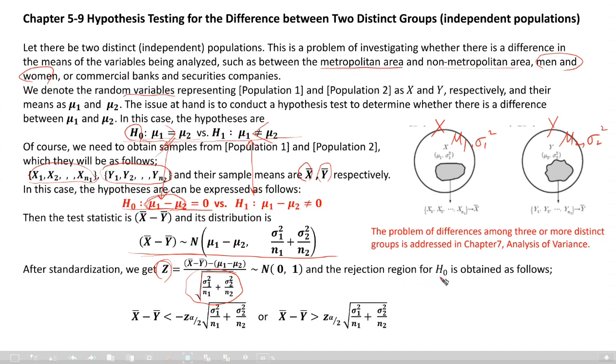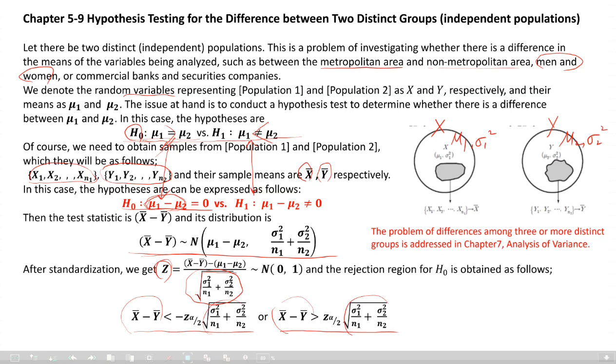And the rejection region for H0 will be like this, same as the result from one population. A little complicated here, but the logic is just the same as in the one population problem.